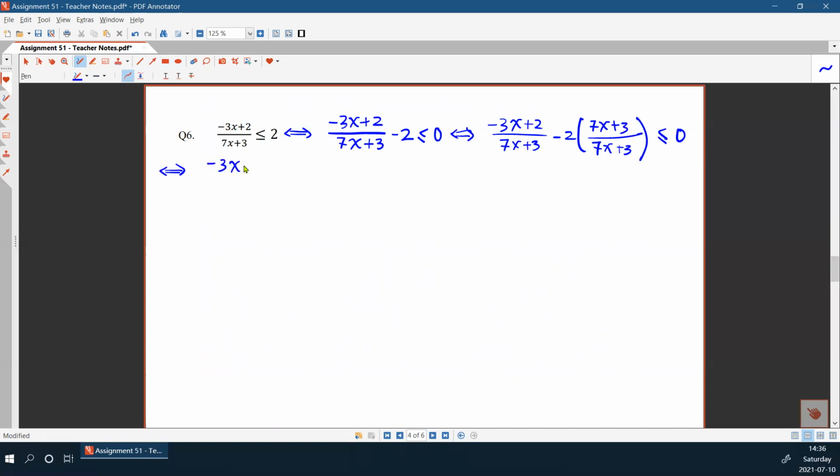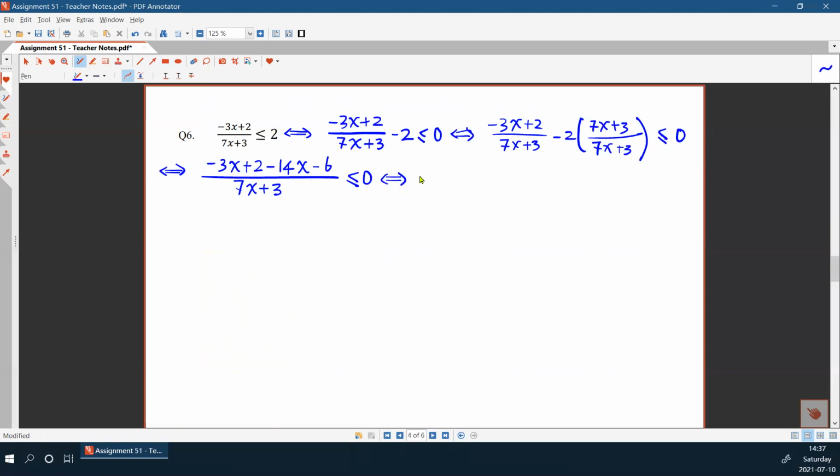Minus 3x plus 2 minus 2 times 7x is, of course, minus 14x, right? And minus 2 times 3 is minus 6, over 7x plus 3, which should be less than or equal to 0.